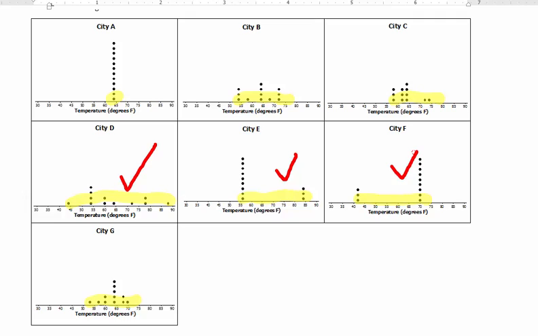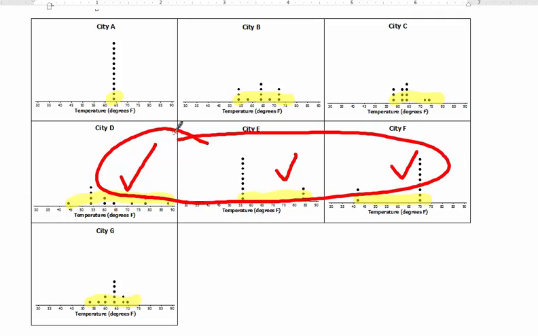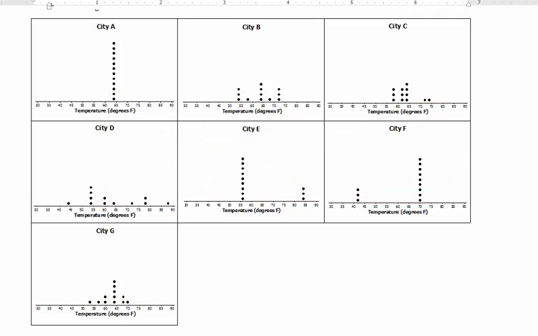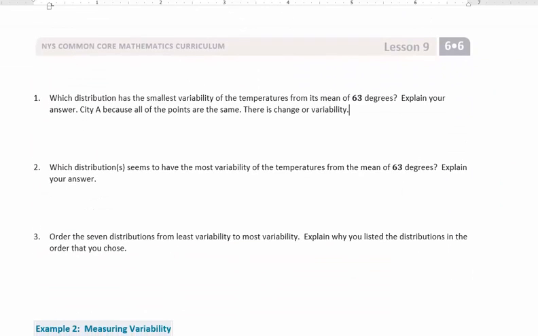If I want to be exact, I can subtract these values to see which one is the longest. Or, since it said I can pick more than one, I'm just going to pick all three of these because they all have a lot of variability. So that's going to be D, E, and F. So which distribution seems to have the most variability? Cities D, E, and F have the most variability.